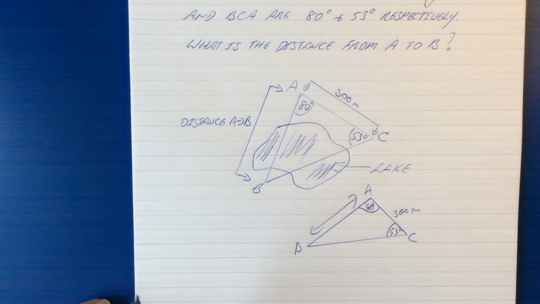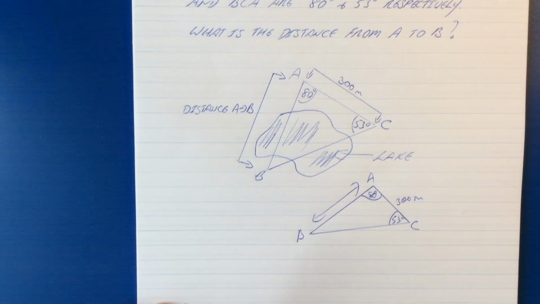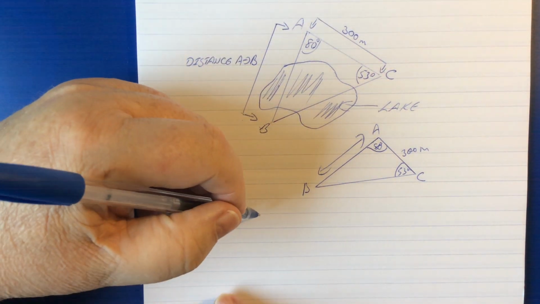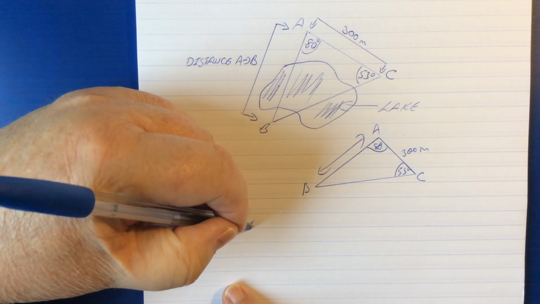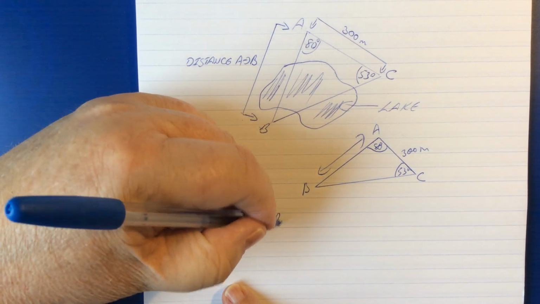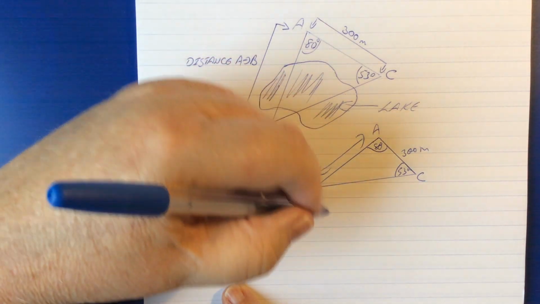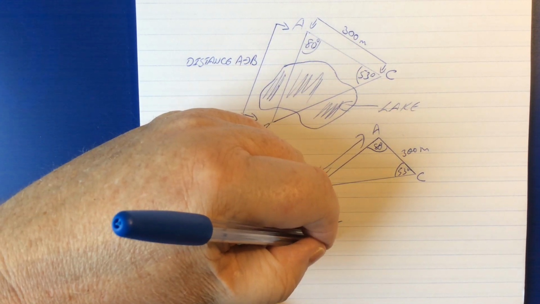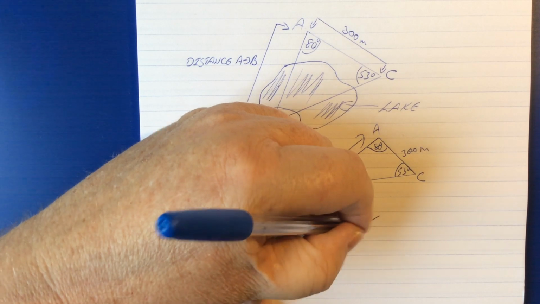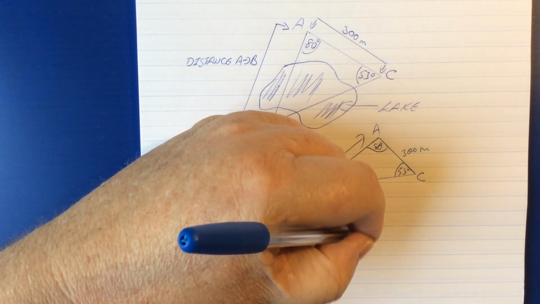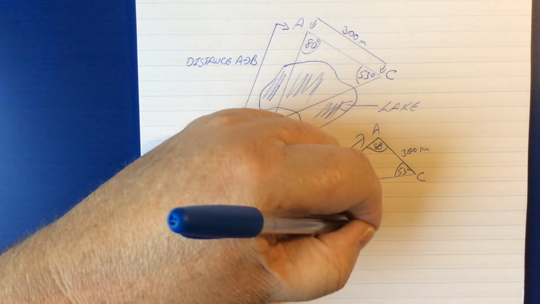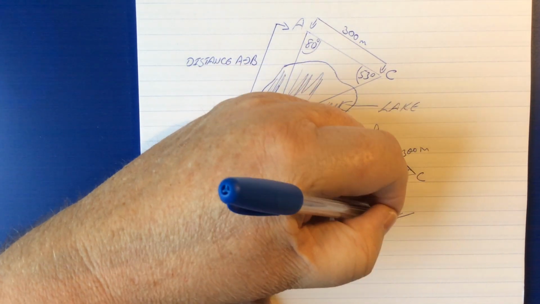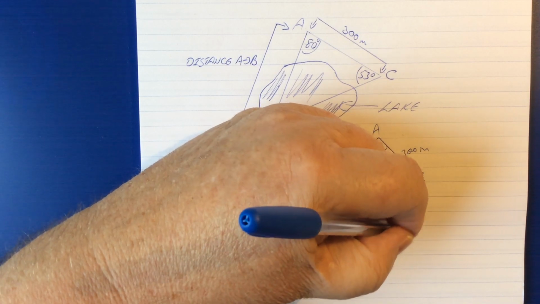So what we're going to have to do is use the sine rule, or at least I've chosen to use the sine rule, and the sine rule is as follows. A over the sine of A equals B over the sine of B, which equals C over the sine of C.